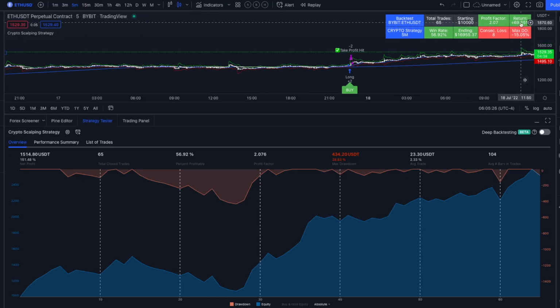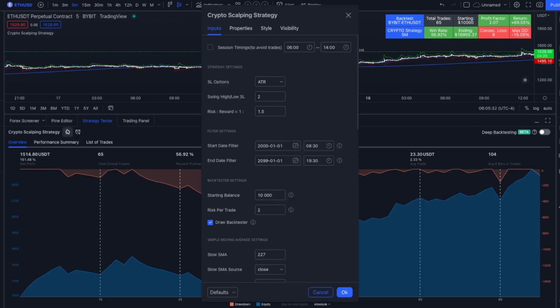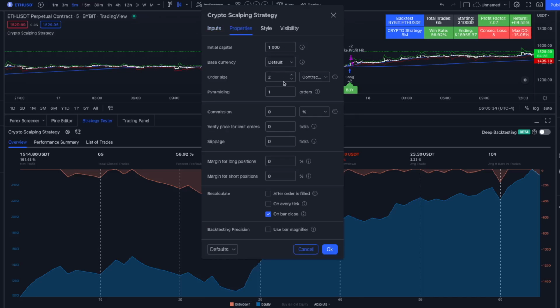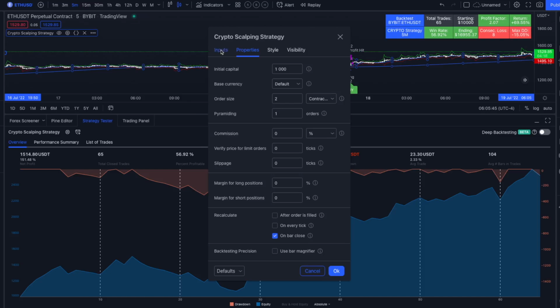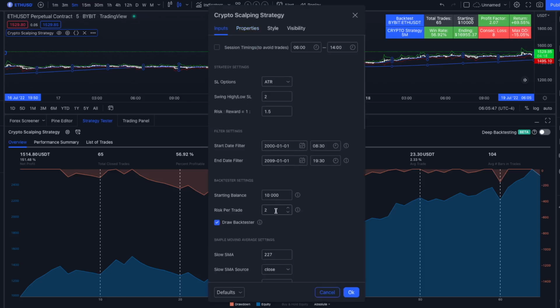We also had a return of 70%, and if we compare that to the TradingView backtester, that's just a difference because right here in the TradingView backtester we are risking 2 Ethereum contracts, so basically 3 grand per trade of a $1,000 initial account. And right here on my trading strategy dashboard, we are risking 2% of our account size with every trade.